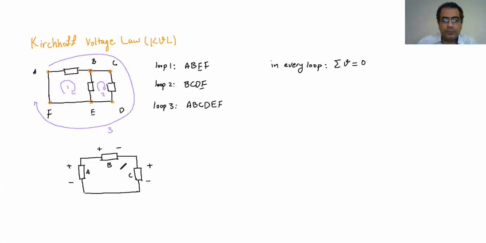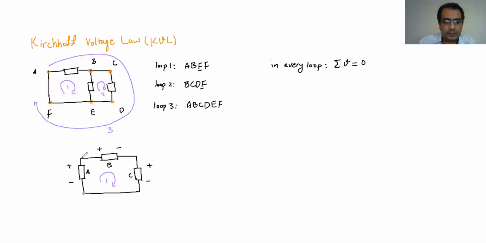Now I have one loop here, and I want to write the KVL for this loop. First I have to choose the direction of rotation. So I would rotate like that in this loop. It's my first loop, it's only one loop. I will start from this point. It doesn't matter where you start, as long as you go all the way back to the start point.